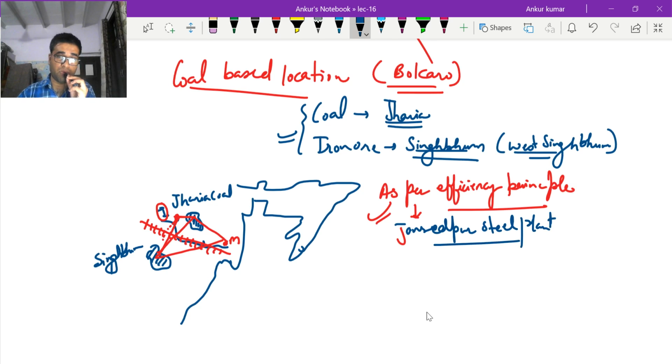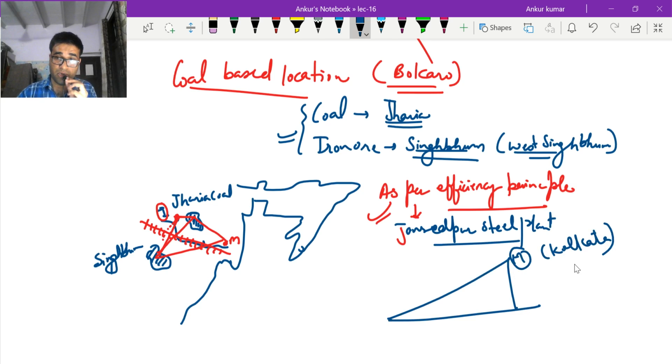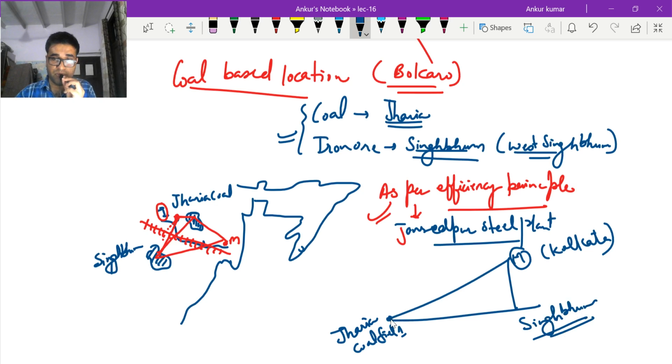Now in the Jamshedpur steel plant, the market is the same, at Kolkata. This is one raw material center, the Jharia coal fields, and this is Singhbhum, from where iron ore will be sourced. As per the efficiency principle, Jamshedpur has been established close to Singhbhum, the iron ore center.